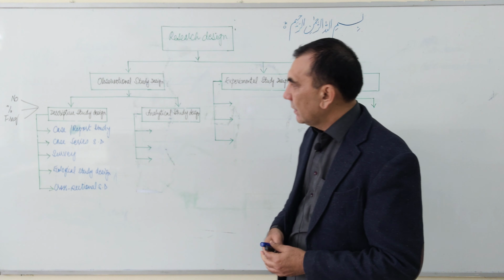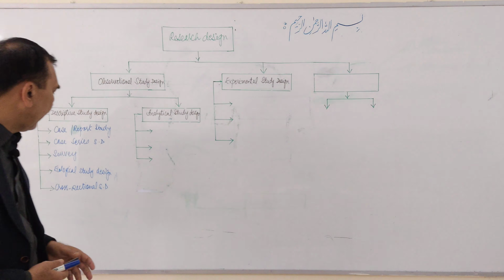Briefly, cross-sectional study design is the snapshot study design in which the researcher simultaneously, at the same time, measures the risk factor or causative factor and the outcome of any disease or any abnormality or any effects.